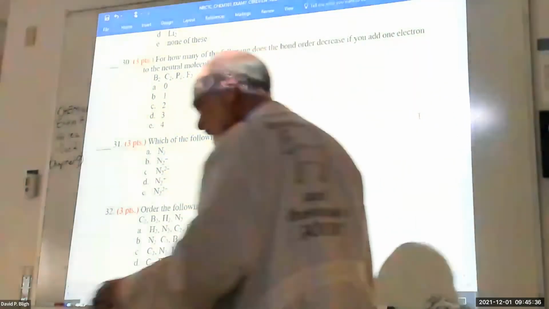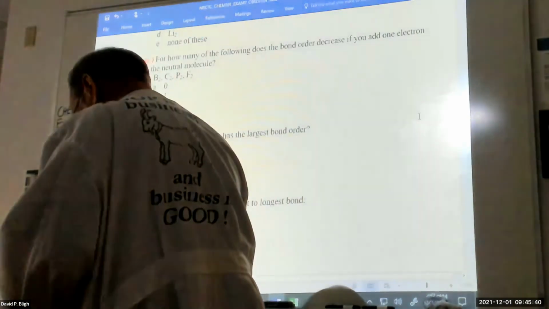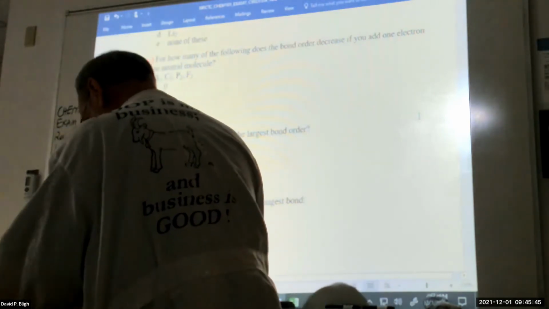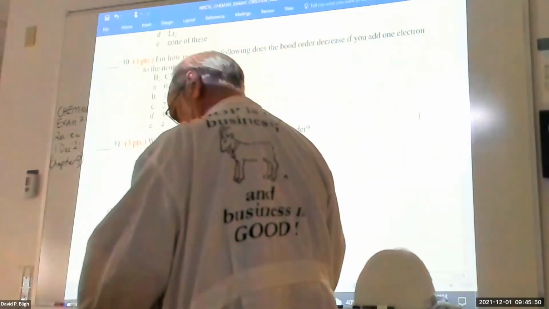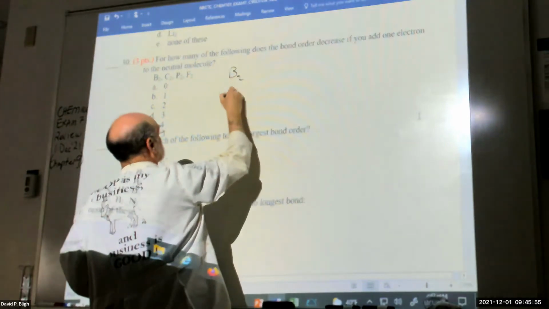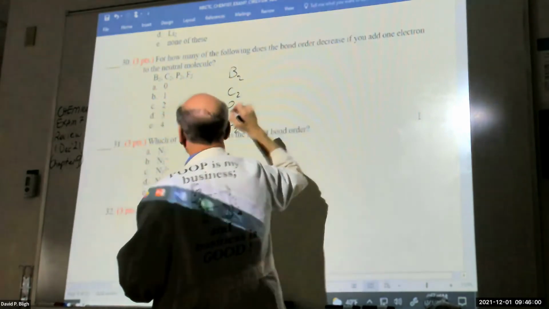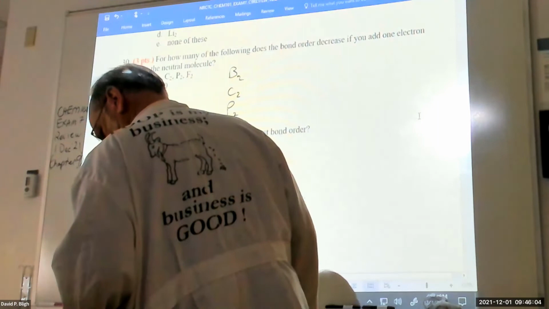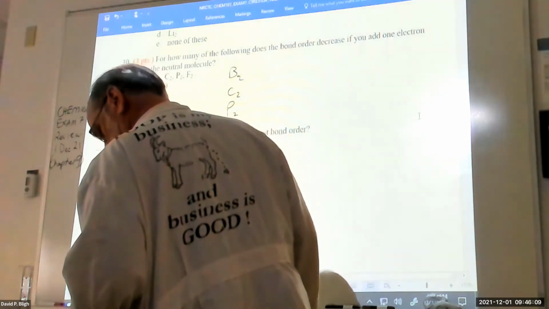Okay. So I would suggest simply go into that diagram again, which will give you the diboron. Okay, so got that one, that one, that one, and that one. And the diboron would have, let's see, sigma, sigma star, pi.